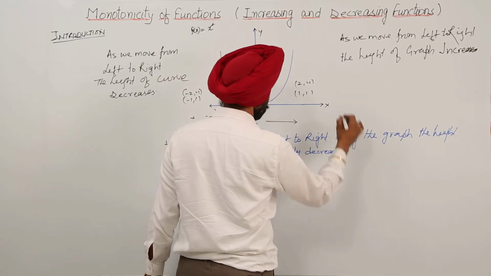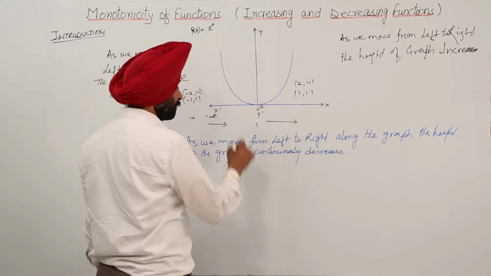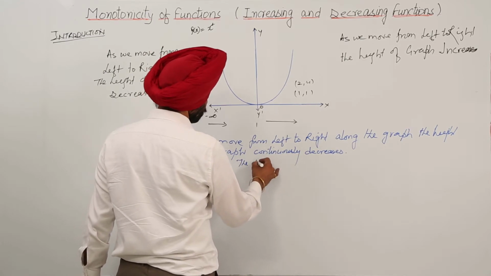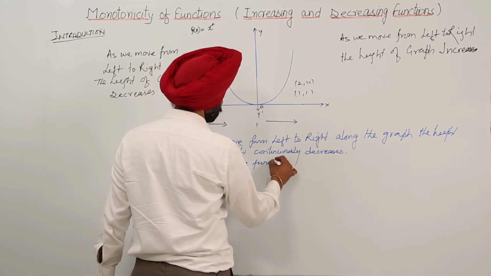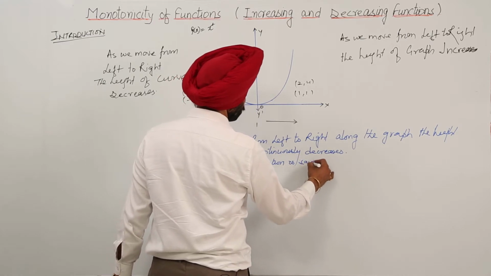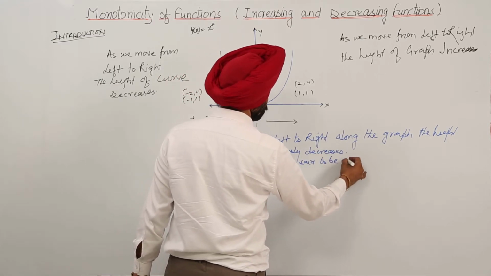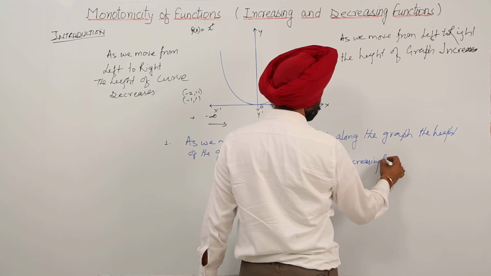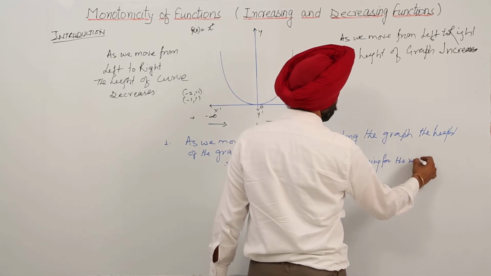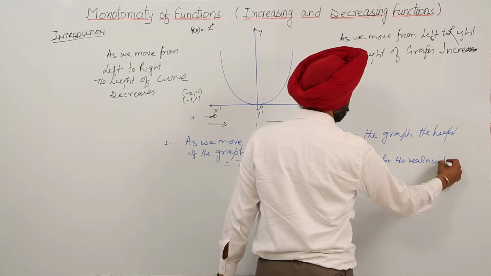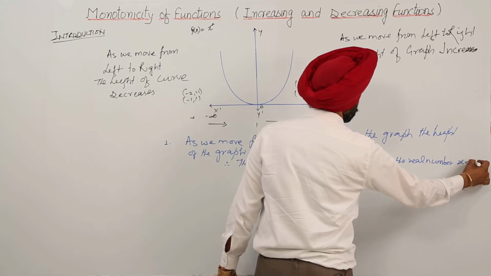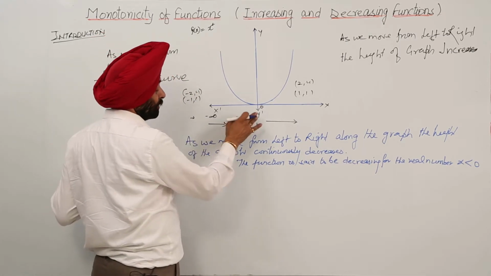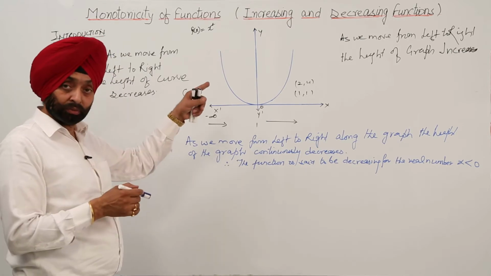Therefore, the function is said to be decreasing for the real number x less than 0, meaning from negative infinity to the origin, especially for this graph.